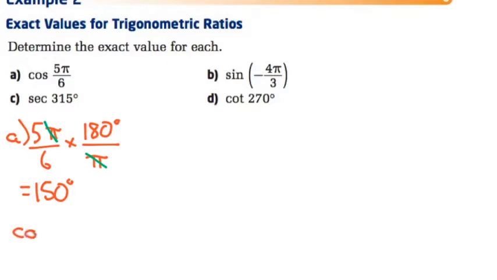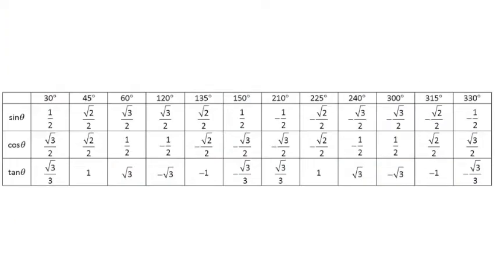So we're actually dealing with cosine of 150 here. Now we can go over to the table of trig values. We can look up cosine and 150 and see that the answer is negative root 3 over 2.